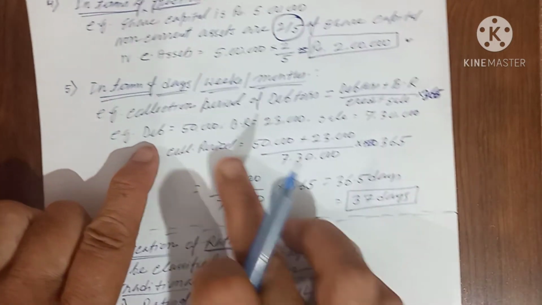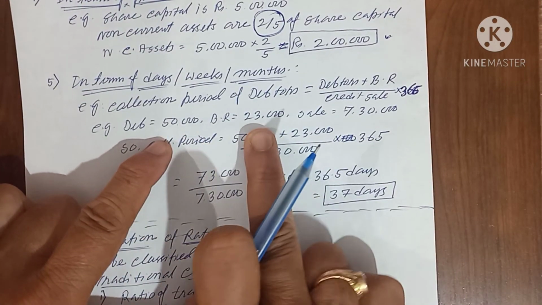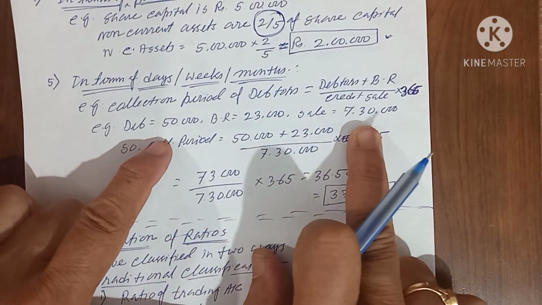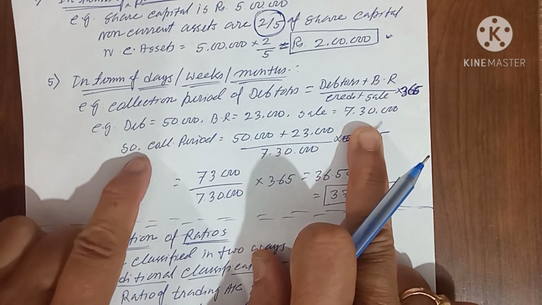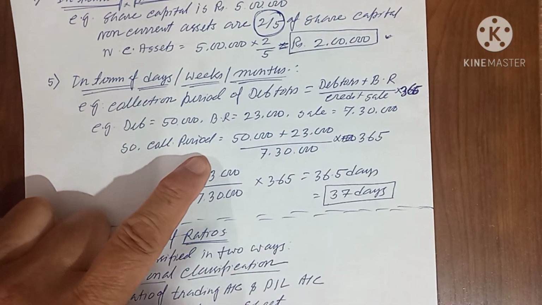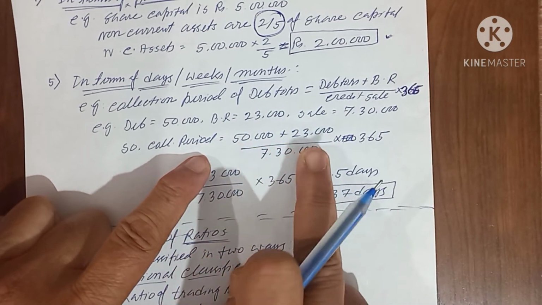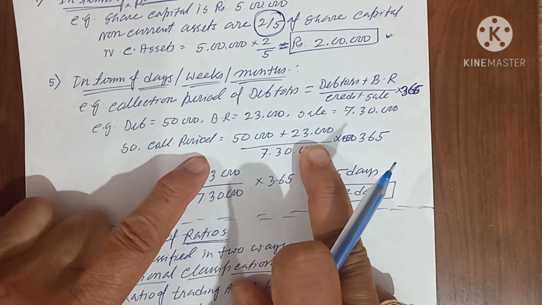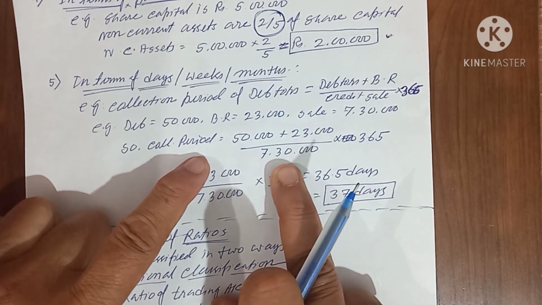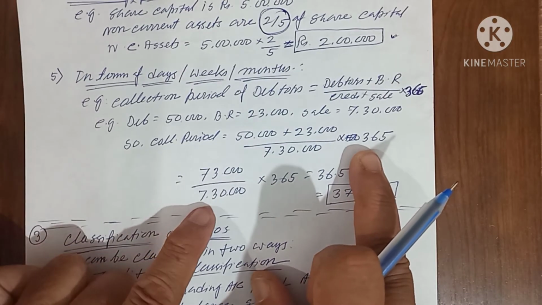As per example, suppose your debtors is 50,000, bills receivable is 23,000, sales is 7,30,000. Collection period will be the debtors plus bills receivable, 50,000 plus 23,000, by credit sales 7,30,000, into 365 days.